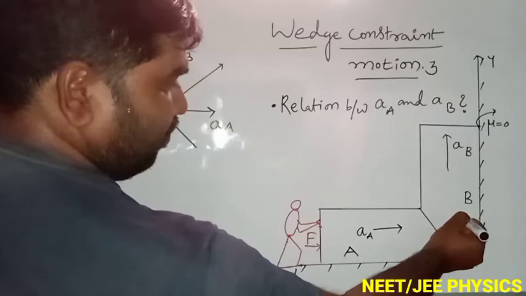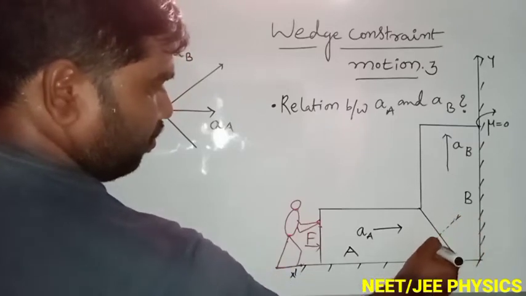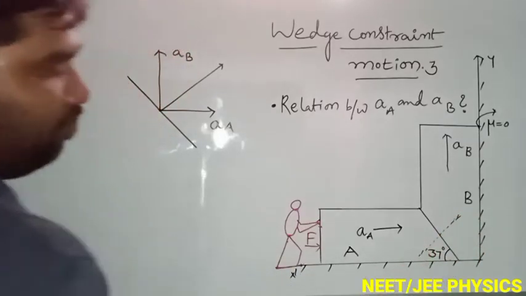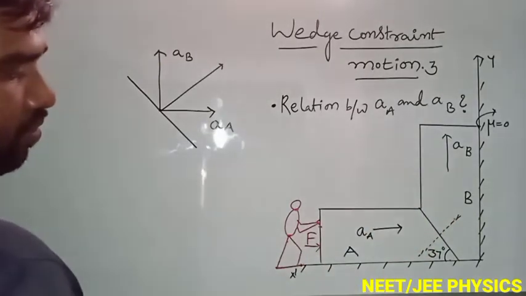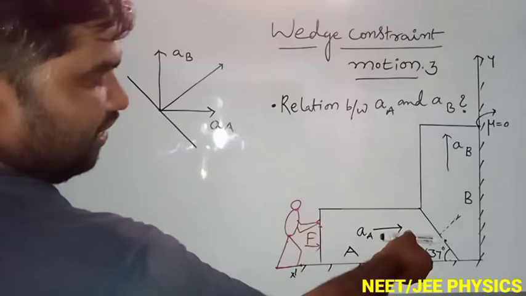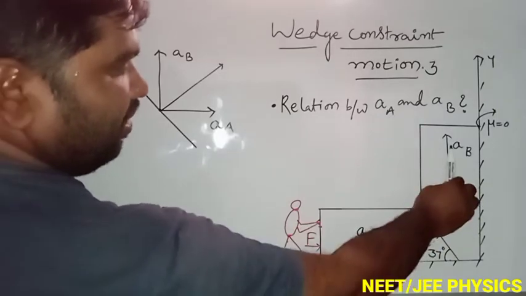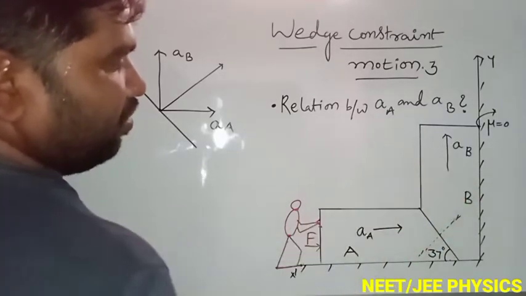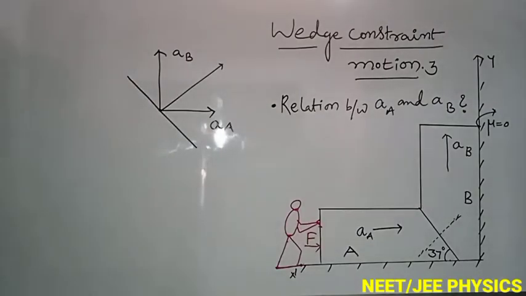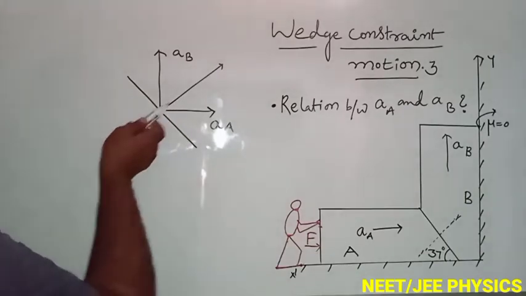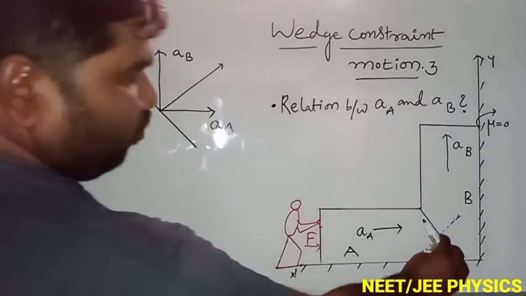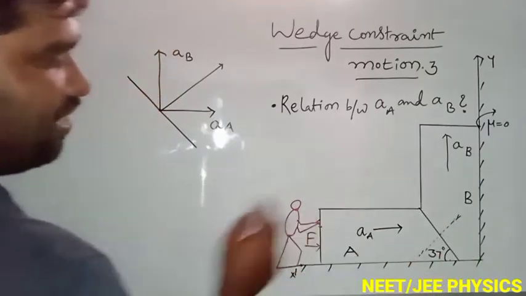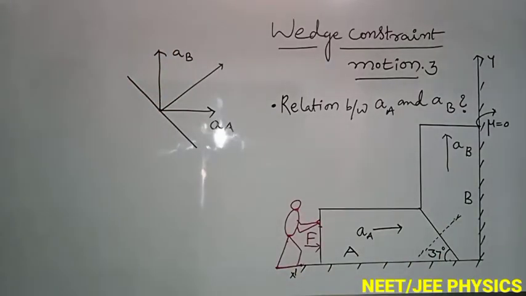That means along the normal, the acceleration of the two wedges is the same. If we take this direction, this acceleration, and this direction, this acceleration, we can't say both accelerations are the same, but their resultant is in this direction. That's why along the normal direction of the two contact surfaces, the acceleration is the same.